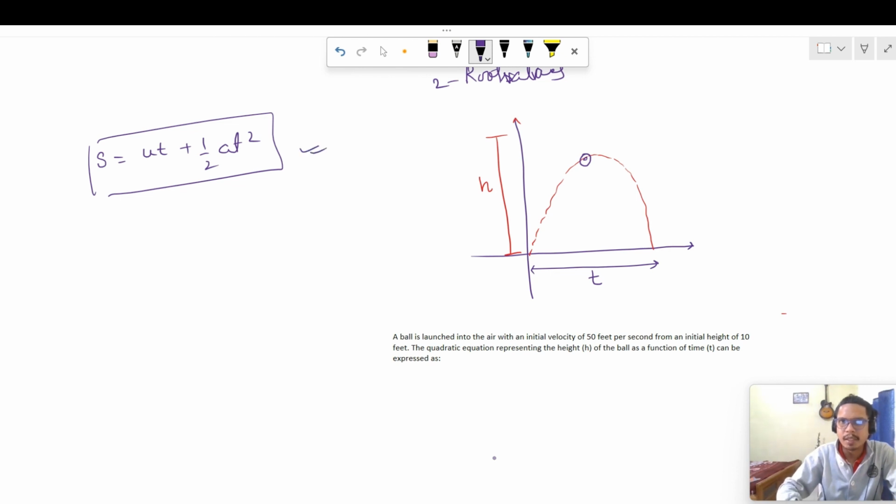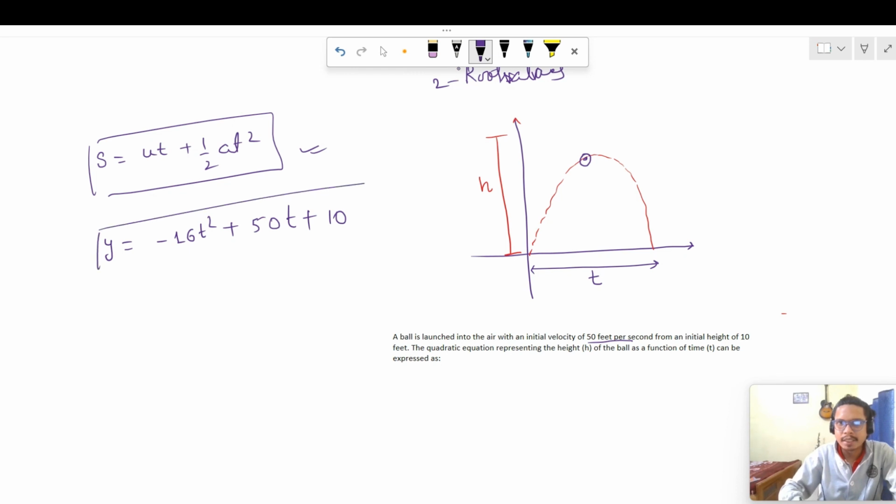But let me show you how to express the position and height of this ball in the sky. It is something like this: y is equal to negative 16t² plus 50t plus 10.